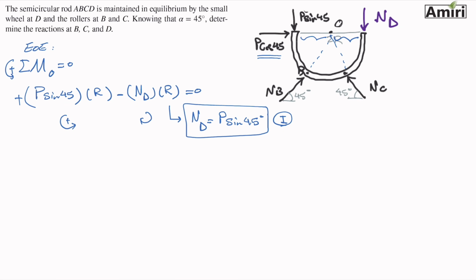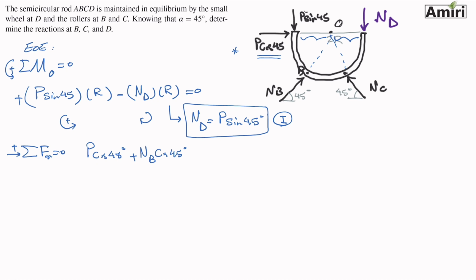Then I can move on to my summation of forces in x equals 0. All right, I always like to start from one side and kind of make my way through. The first thing I see is P cosine 45 degrees. P sine 45 is vertical. Next, I see NB, and that should be cosine 45. That is a plus.